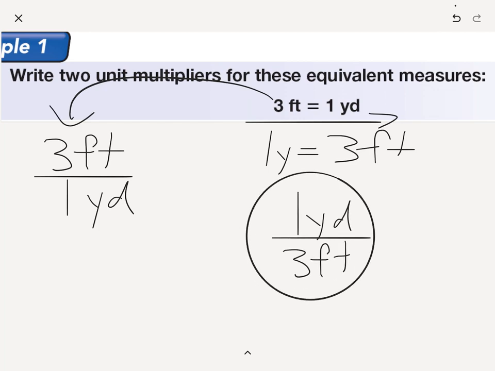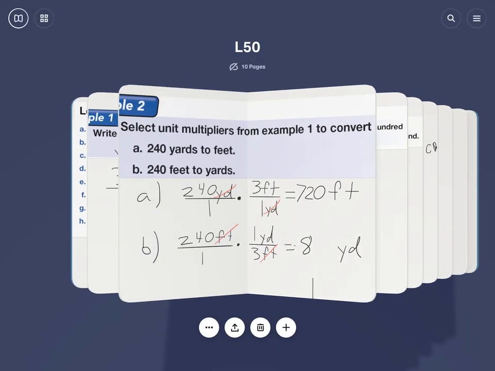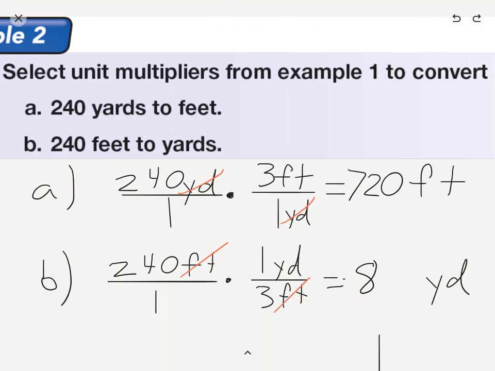This one is a converter from yards to feet. We are doing unit conversion, so it's a question of how many feet are in a yard, how many yards are in a foot, or how many feet do I need to make a yard? And whichever one you want to use depends on what type of converting you're doing.